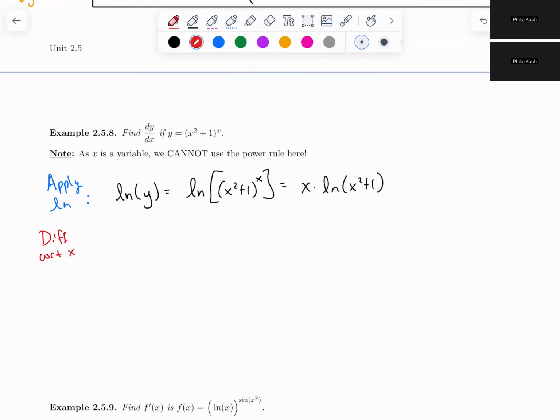Natural log of y, the derivative of that would be 1 over y times dy dx, equals, and so this is my f, this is my g. f prime would be 1 times g, natural log of x squared plus 1, plus f times g prime, which would be 2x over x squared plus 1 times x. Let's tidy it up.